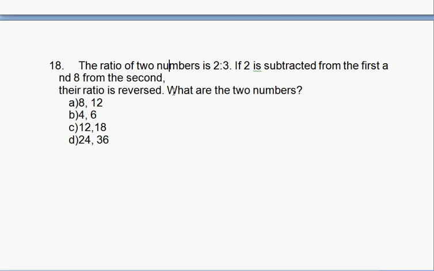The second statement says if 2 is subtracted from the first, so 8 minus 2, it becomes 6, and 8 is subtracted from the second, so 12 minus 8, 4, so it becomes 6:4, which is 3:2. So the ratio becomes reversed, which becomes our right answer.